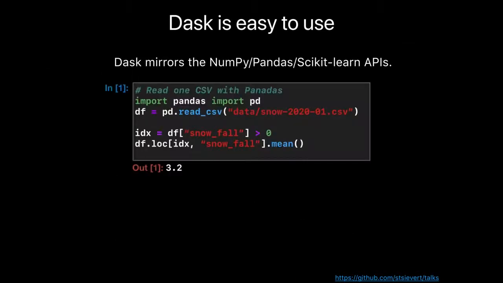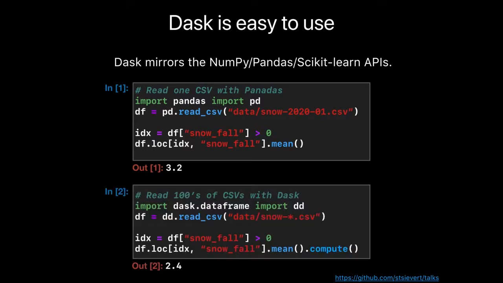First, I'm going to step through some nice things about Dask. This was the brief introduction beforehand. Basically, if you have a CSV or a data full of CSVs, you can read it in pandas like this. You can get that same result for every month. Maybe you have, let's say, five years and 12 months of snow data.